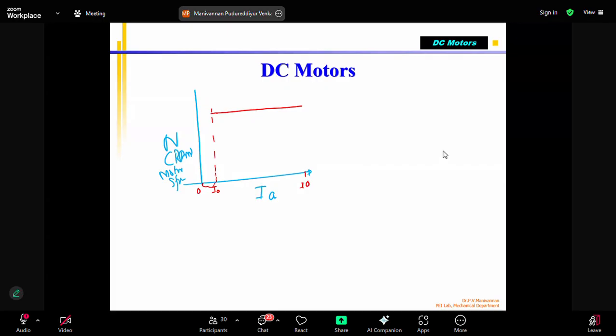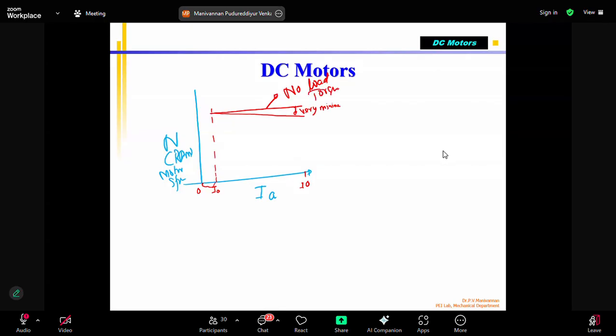We are talking about motor speed. This should remain constant, even if you increase the current at a no load condition. But in an actual motor, the curve will be something like that. Slightly, it will drop, correct? This difference should be very minimal. This is called the no load condition, no load torque, the top one.